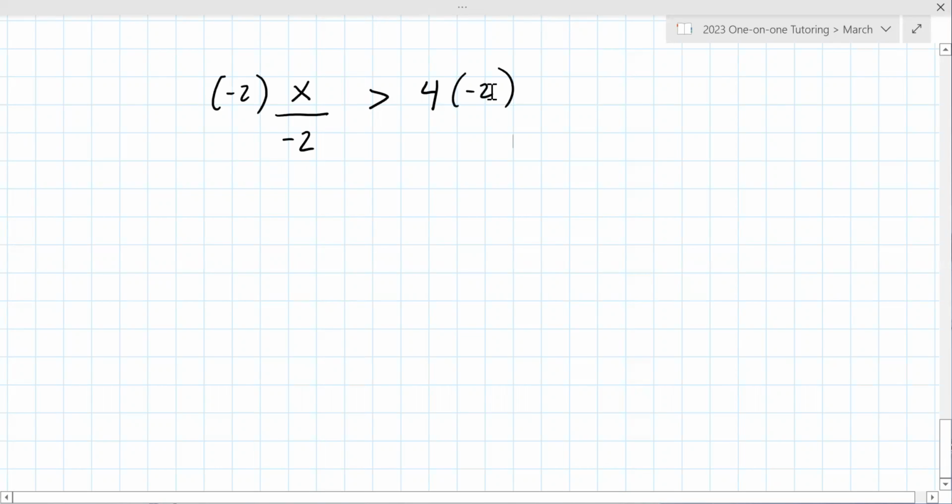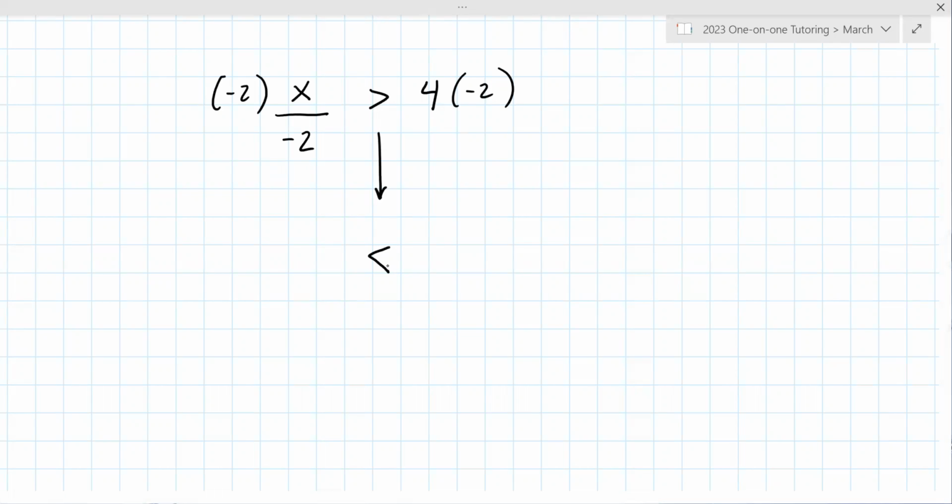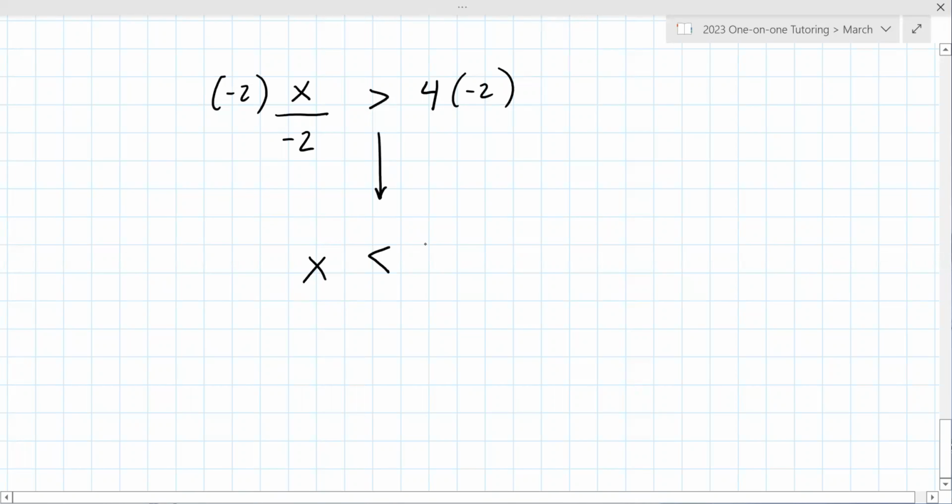Since you're multiplying by a negative, the inequality flips, and I recommend changing that immediately. Okay. So this becomes x less than what number on the right? -8. -8.